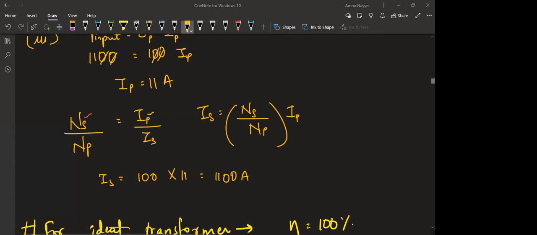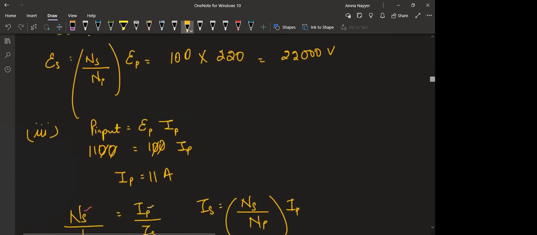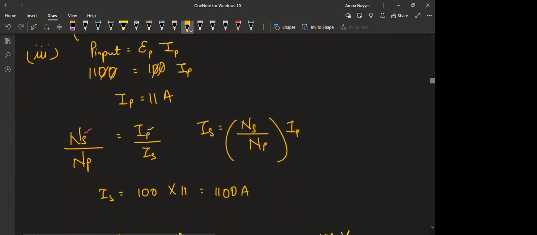Yes, ma'am. EP is how much? EP is, yes, I have substituted 100. 100 was the transformation ratio. Yes, correct. Please make this correction. This is 220 volts. Yes, this will be 220 volts.